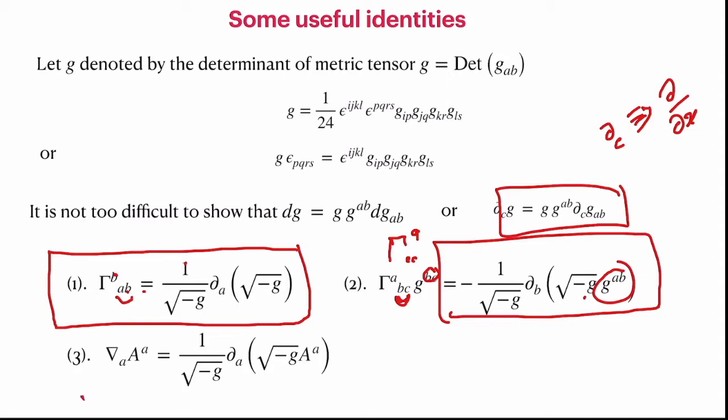The next important expression is the divergence of a vector field. A is an arbitrary vector field, and its divergence, that is, taking the covariant differentiation and contracting with respect to the indices, is what we call the divergence of a 4-vector, and that simply can be written as the partial differential d_a of square root of minus g times the vector A^a, divided by square root of minus g.